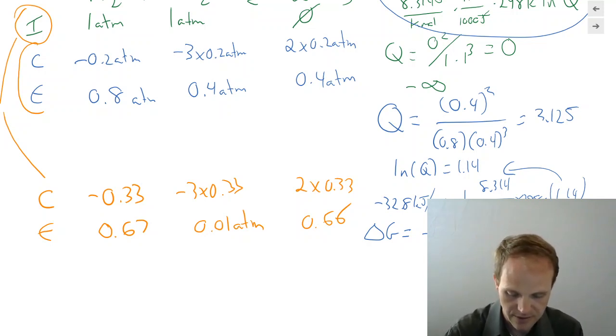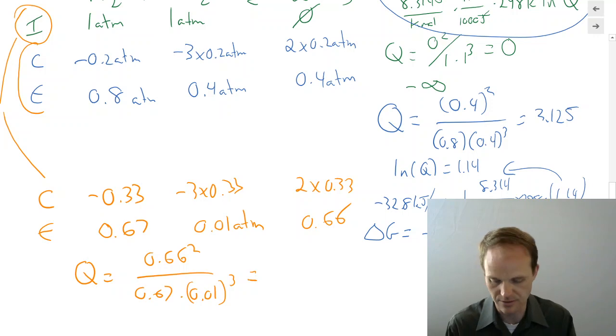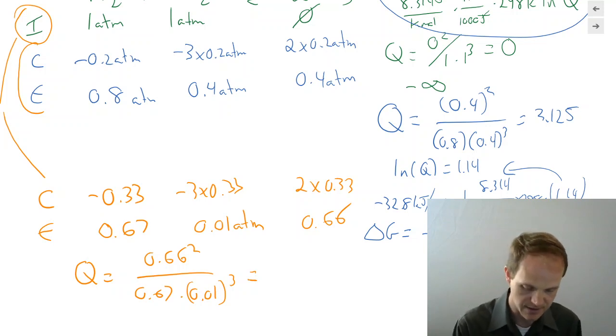So what are we going to do here? We are going to calculate our Q again. Q is going to be 0.66 squared over 0.67 times 0.01 cubed, and that's going to be equal to 0.66 squared divided by 0.67 divided by 0.01 cubed, which is 6.5 times 10 to the 5th.